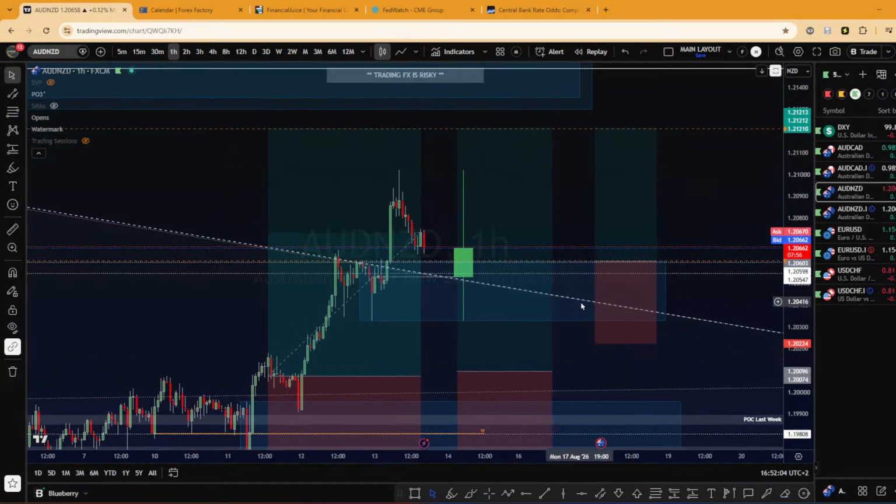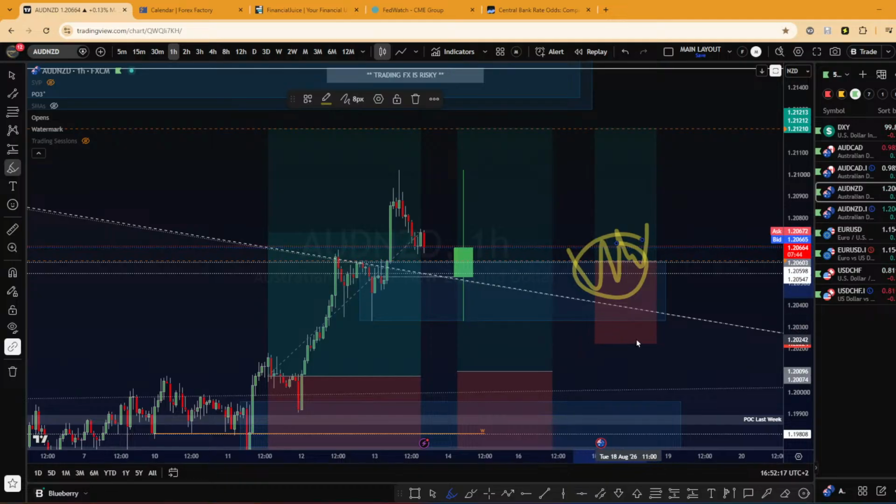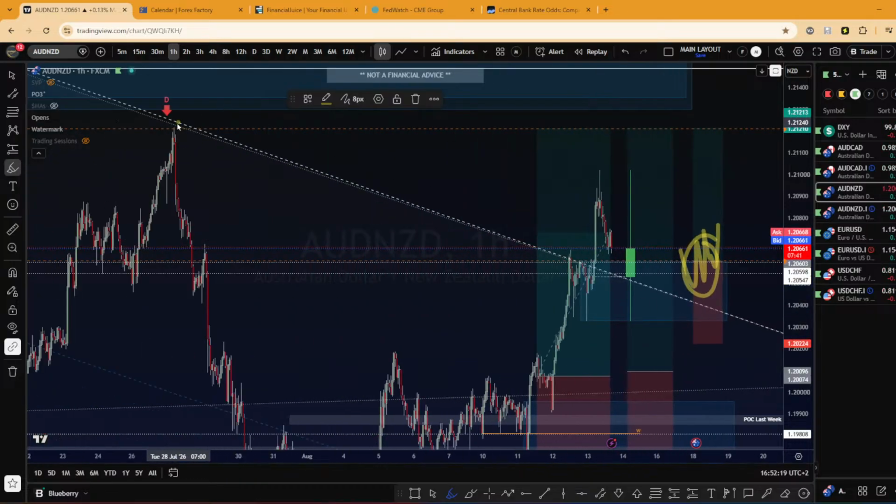OZ NZD could potentially give me another entry if we reject. If I saw some sort of rejection confirmation in lower time frame, I will be happy to add another position because the target is the same. I want to target this high.